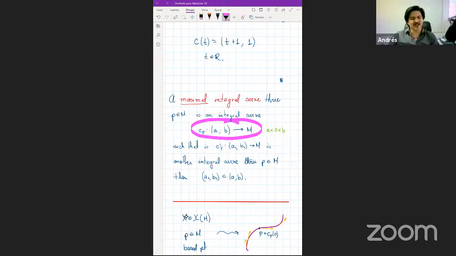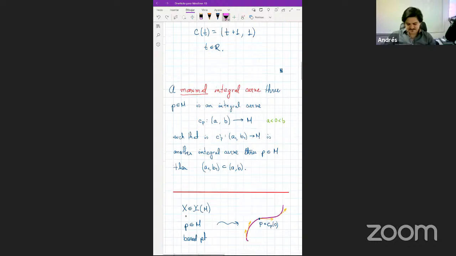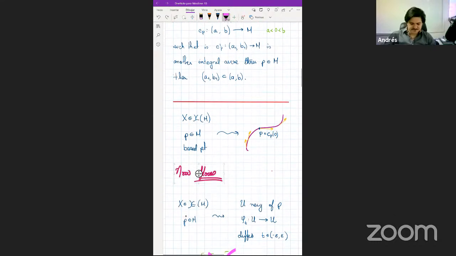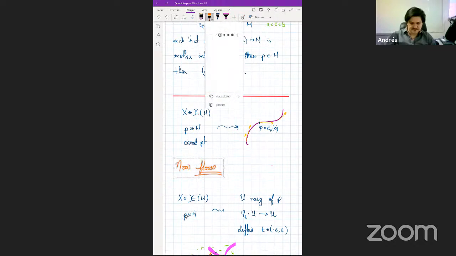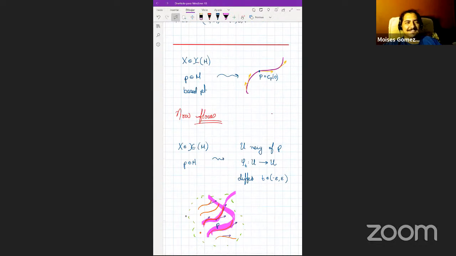Why can that really happen? A point can be an integral curve. What can you say about the vector field? It is the zero vector field. Right, so at that point, the vector field vanishes. It is a singularity or a zero of the vector field.